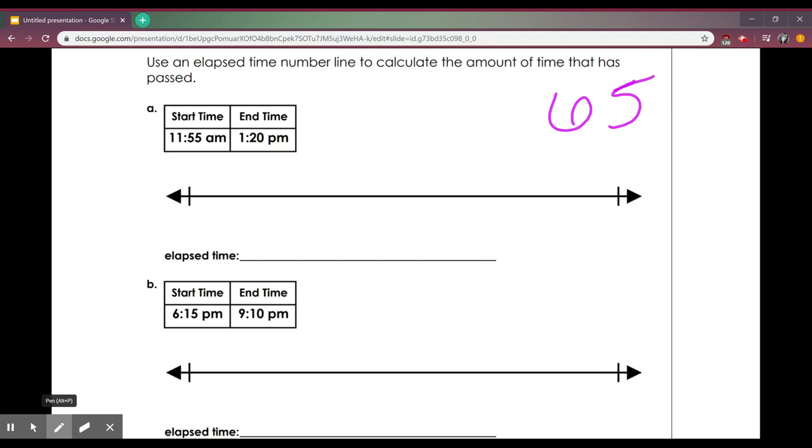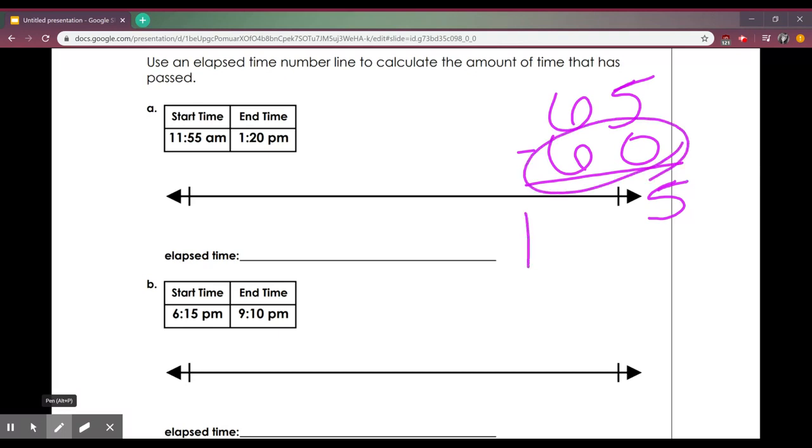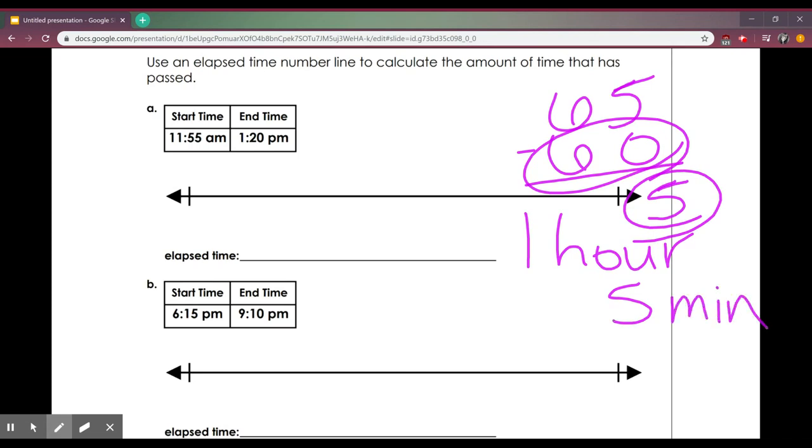So all you have to do is just subtract 60 off of it. 5 minus 0 is 5. 6 minus 6 is 0. So we take the 60 that we took off and turn that into an hour. And then our minutes that were left over is the amount of minutes we have. So 65 minutes is actually an hour and 5 minutes.